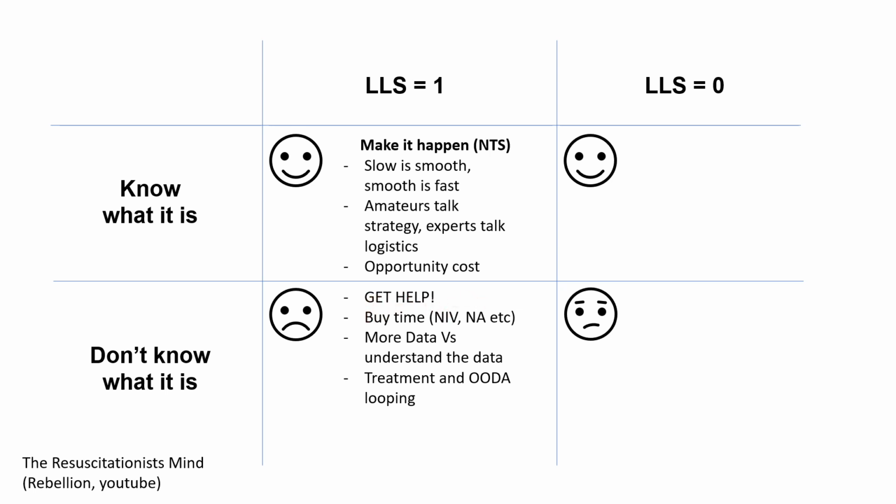We need to go back to, not an advanced algorithm, but a basic ABCDE. So if they're not doing better on oxygen, then we need to put on NHF or high flow oxygen, or we need to give them an IV. If that's not hurtful for them, we can check that quickly, if they don't have pneumothorax and so on. But we need to buy time so that we can actually diagnose them a bit more, get more data. Or maybe we have the data and we don't understand it.